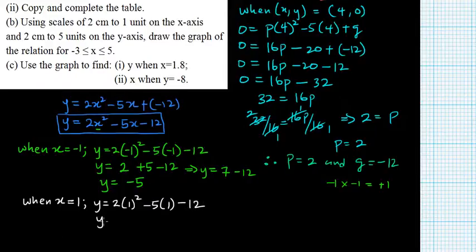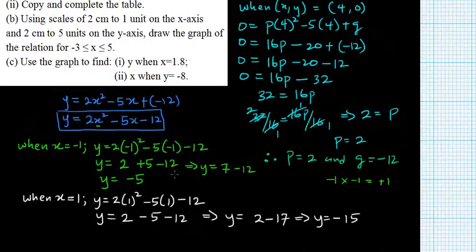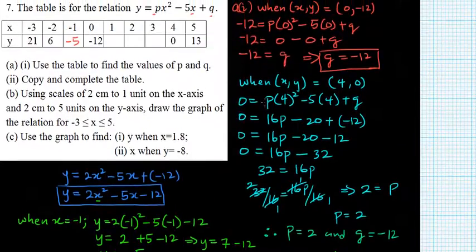And this will be y is equal to 2 times 1 squared, which is 2, minus 5 times 1 is 5, then -12. This implies that y is equal to 2 minus 5 and -12, which gives us -15. So when x is 1, y is equal to -15.